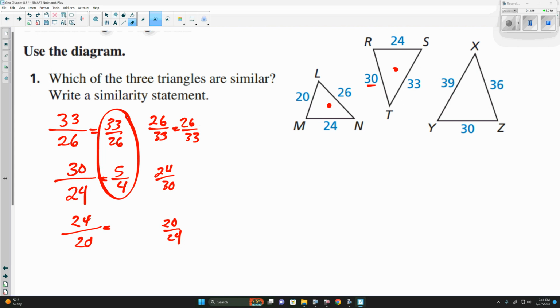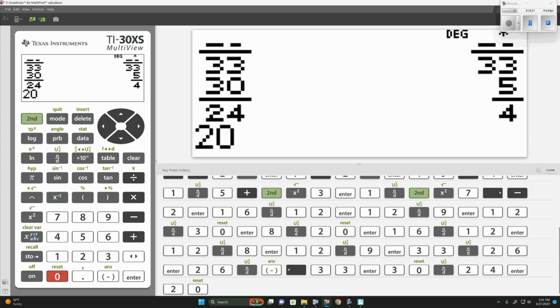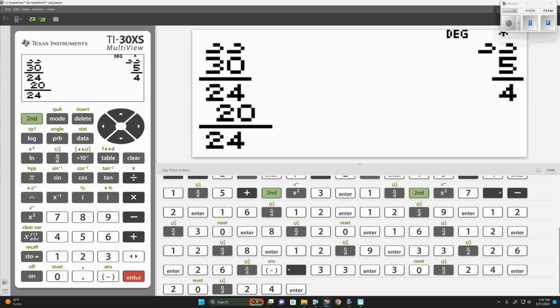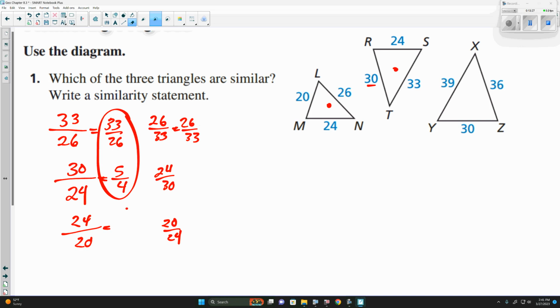And 20 over 24, if we wanted to look at it, 20 over 24, 5/6, or 6/5, yeah. I had it flipped. But yeah, we can actually get 3 different proportions. So these two are not similar.